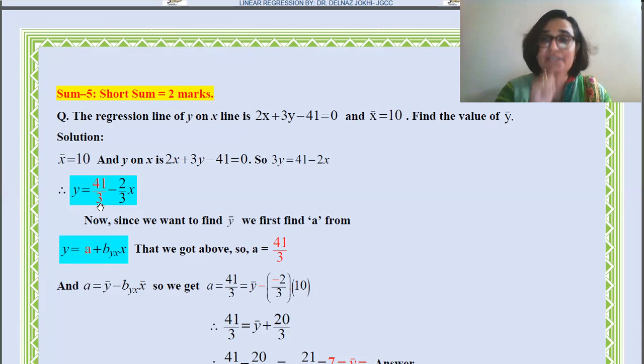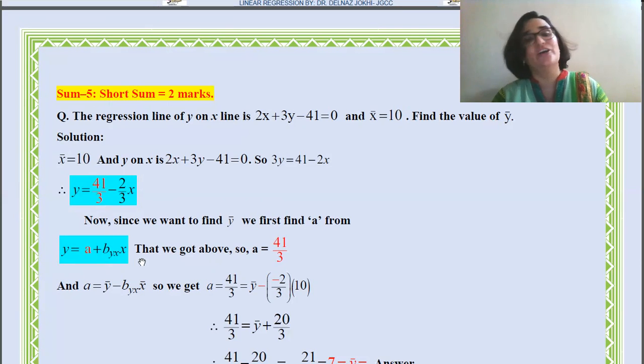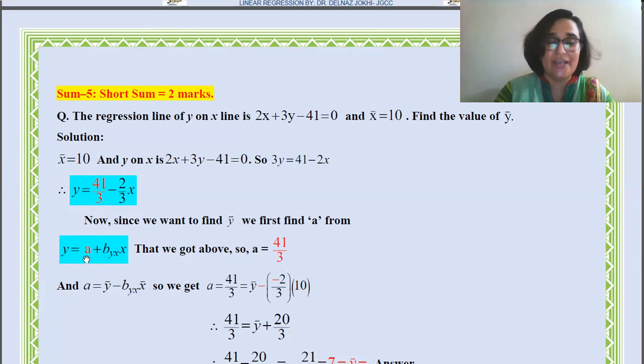We want the constant term a. Very good. So y is equal to a, the constant, which has no x or y multiplied with it.